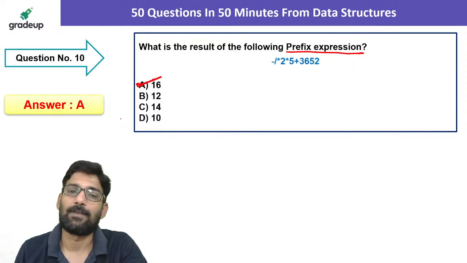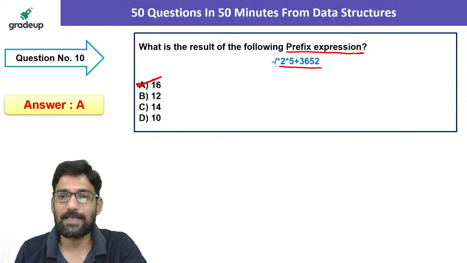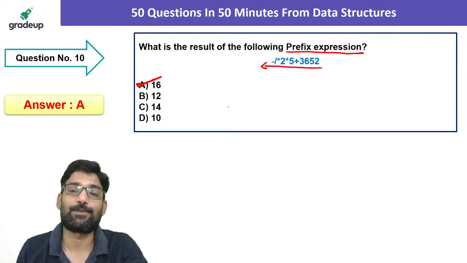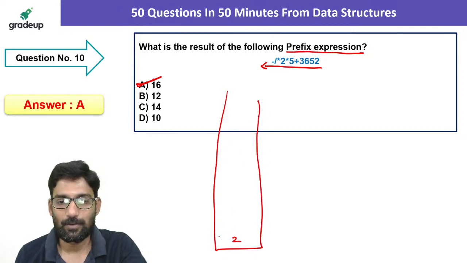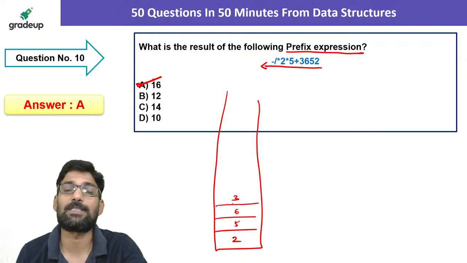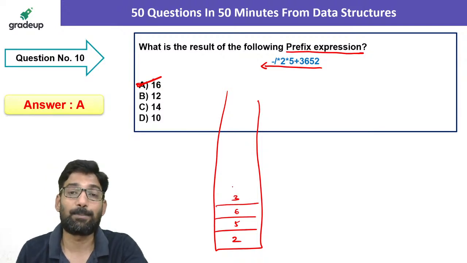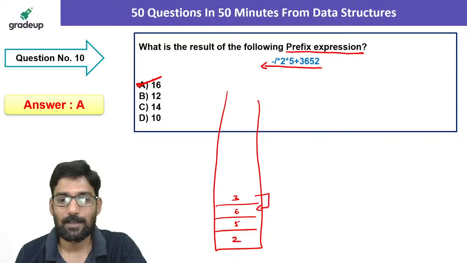16. So how do you evaluate? You keep scanning from right to left. So 2 is pushed, 5 is pushed, 6 is pushed, 3 is pushed because they are operands. Then plus, 3 plus 6, 9.